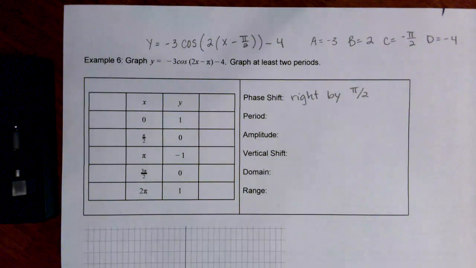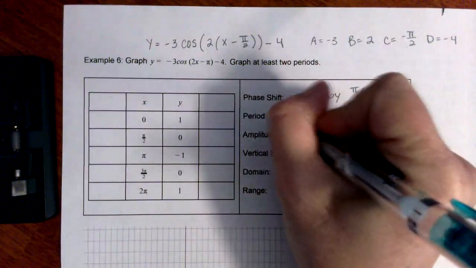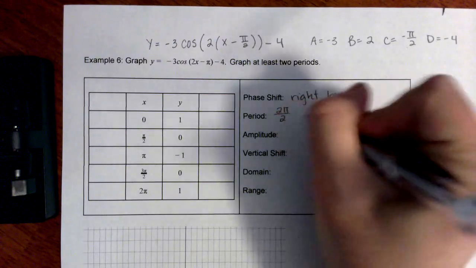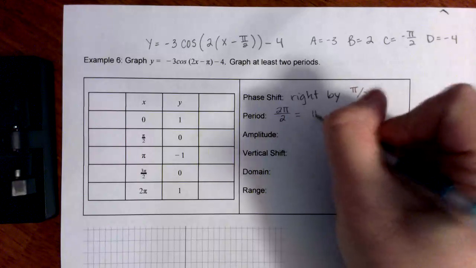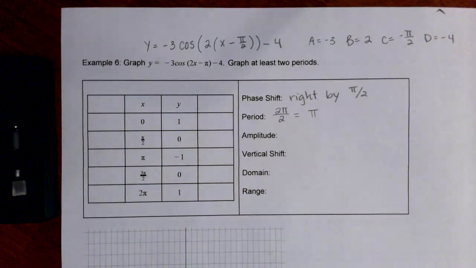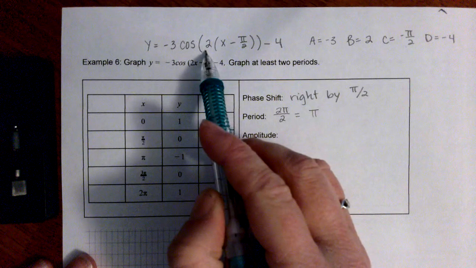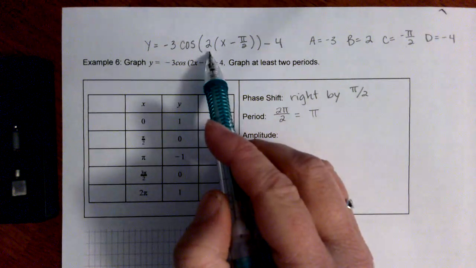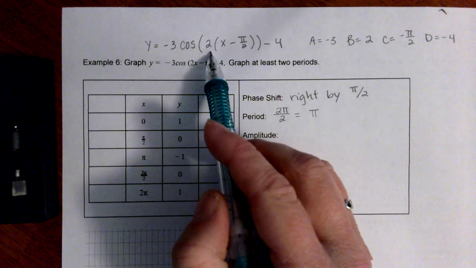Our period is always defined by 2 pi divided by our b. So 2 pi divided by 2 is pi. That means every pi units, our graph is going to be repeating. This is important too. A b of 2 means that we should have a horizontal shrink by a factor of 1/2, right?